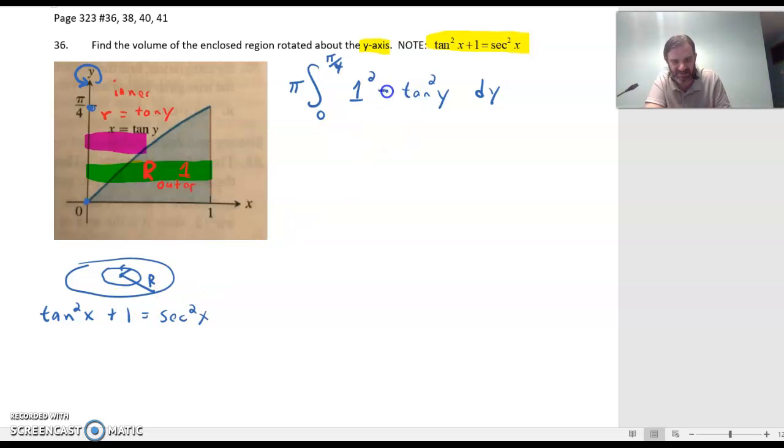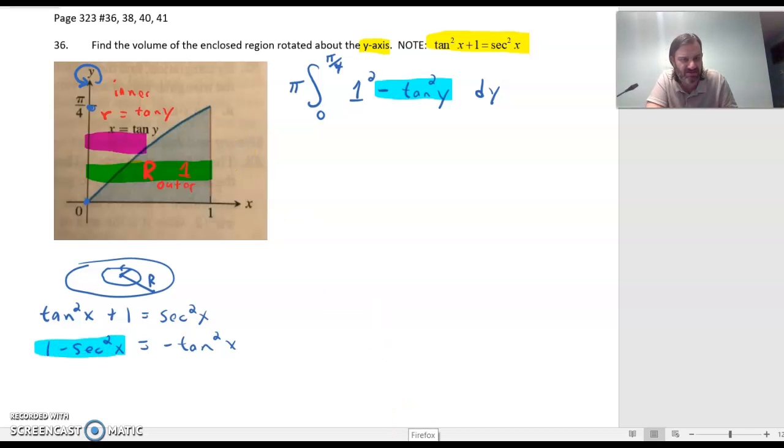And since this thing is subtracted up here, let's say 1 minus secant squared of x equals negative tangent squared of x. So I can replace negative tangent squared with 1 minus secant squared.